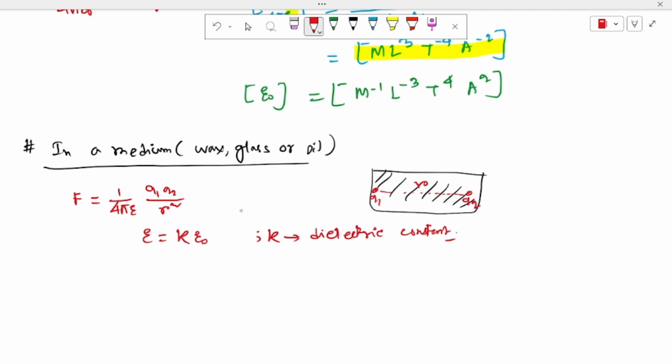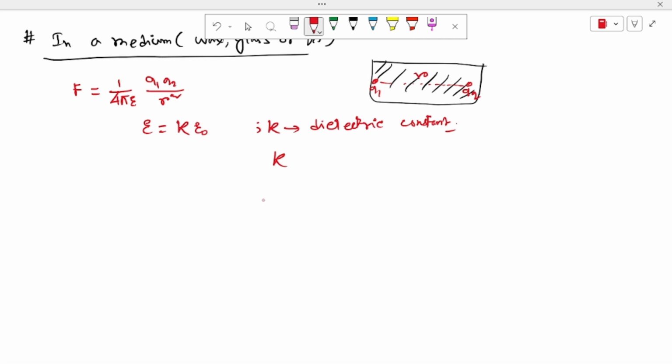So kappa is equal to epsilon divided by epsilon naught. That means this is a dimensionless constant, and the value of kappa is always greater than 1.